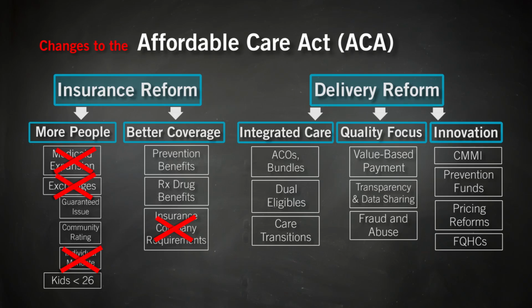On the other side of the Affordable Care Act, the fostering of integrative care, the focus on quality, the innovation, we don't know exactly what is intended now. Already, a very important source of innovation, the Prevention Fund, is zeroed out in the House version of America's Health Care Act. There's indications that the introduction of new payment methods to encourage integrated care, like the bundled payments, are not welcomed by this administration.